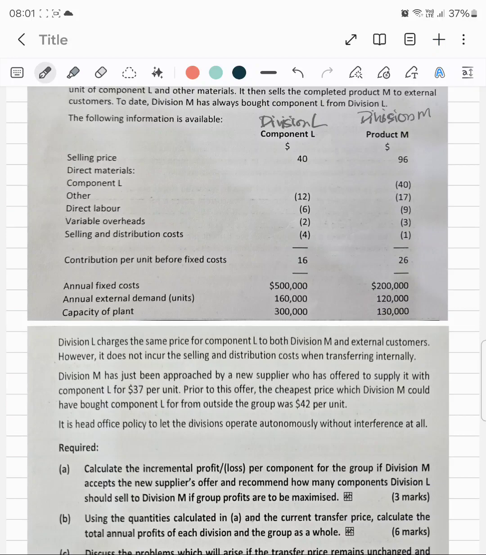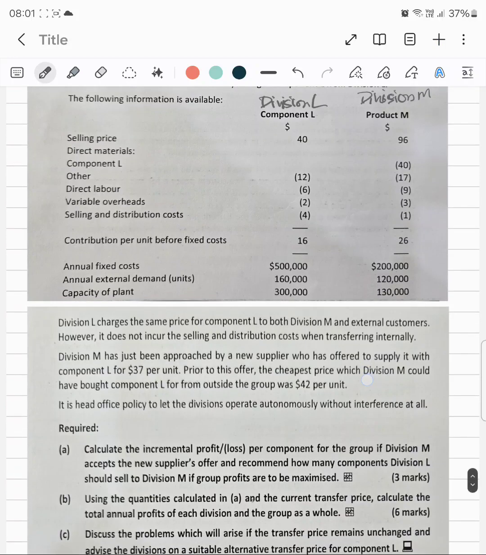Further cost has been given to us. The purchase price for Division M is 40, so the internal transfer price is given and we do not need to calculate it, I believe. And the other costs: direct labor, variable overhead, selling and distribution cost.